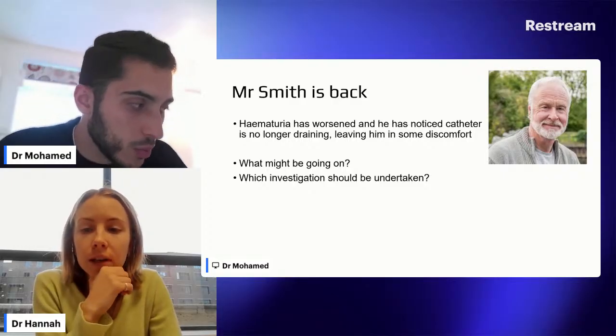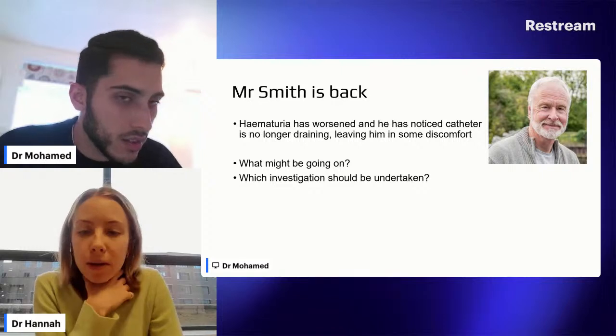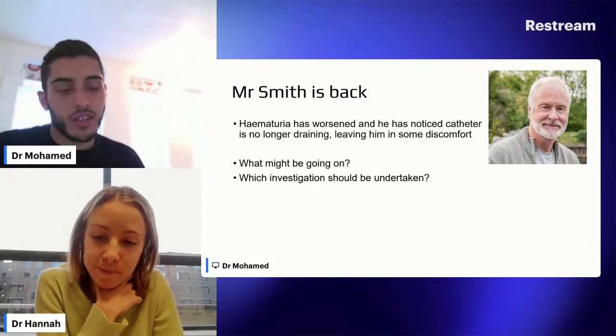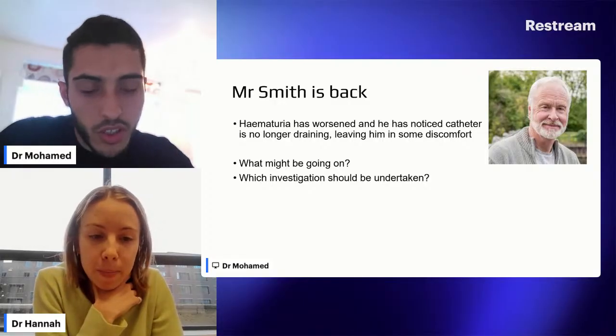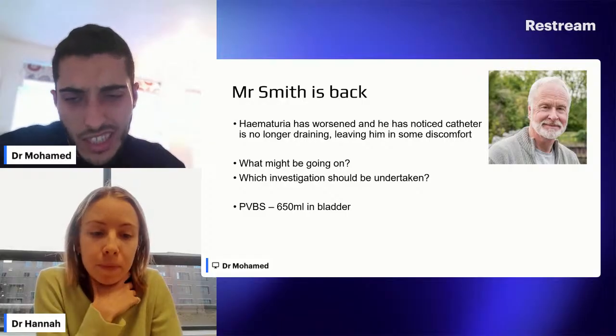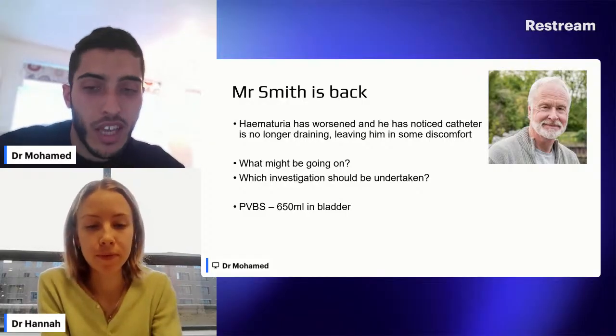What might we do? Someone has said a bladder ultrasound. So yeah, fantastic. A bladder ultrasound, in other words, a bladder scan. Remember, I guess in this case it doesn't really apply, but yeah, a post-void bladder scan.